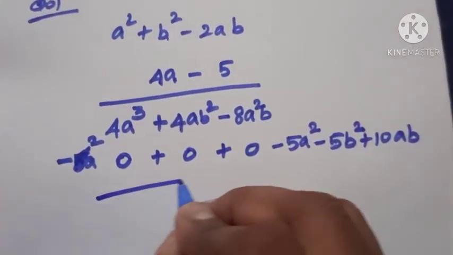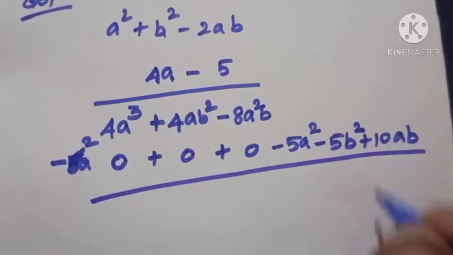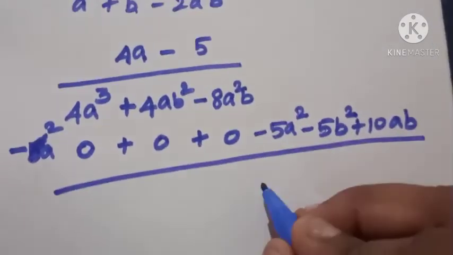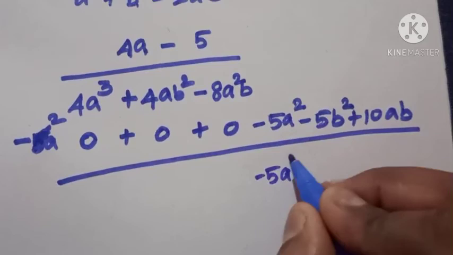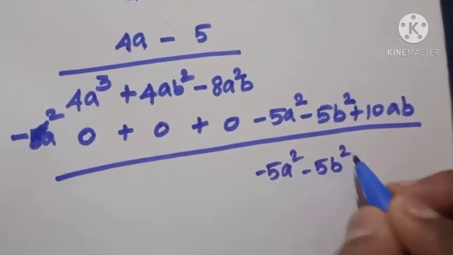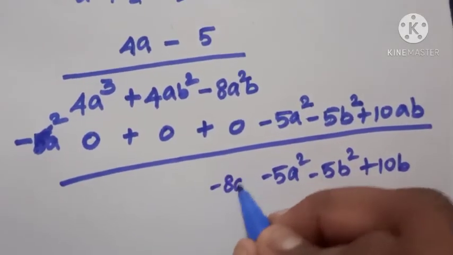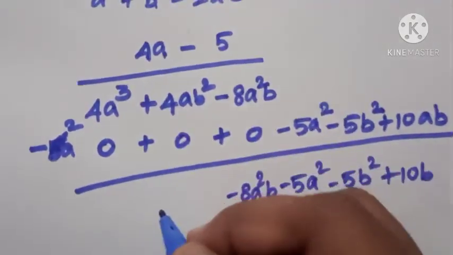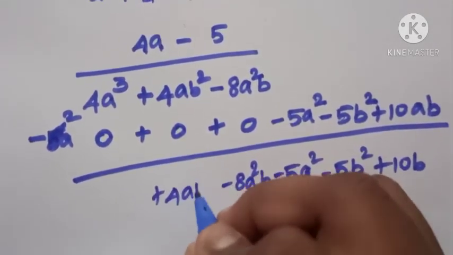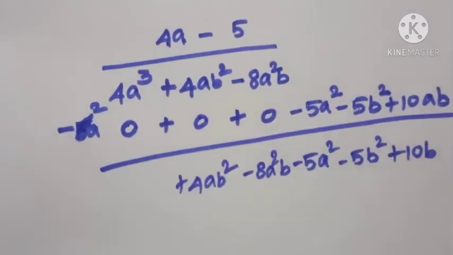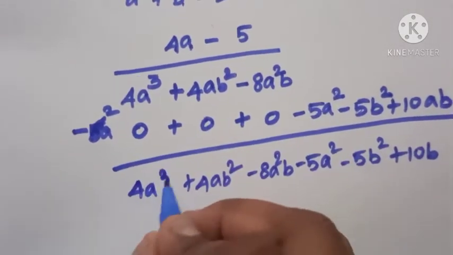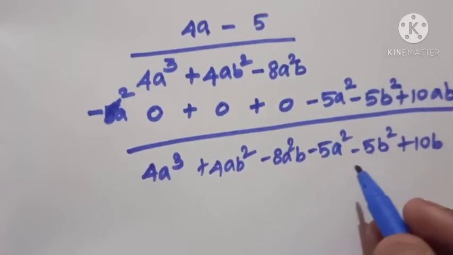Okay, so now you just add everything. What do you get? Minus 5 a square minus 5 b square plus 10 ab, and minus 8 a square b separately, and plus 4 ab square, 4 a cube. So this is the value we get.